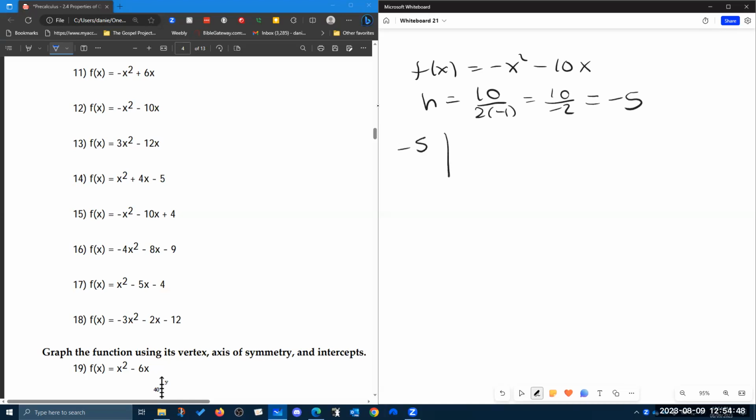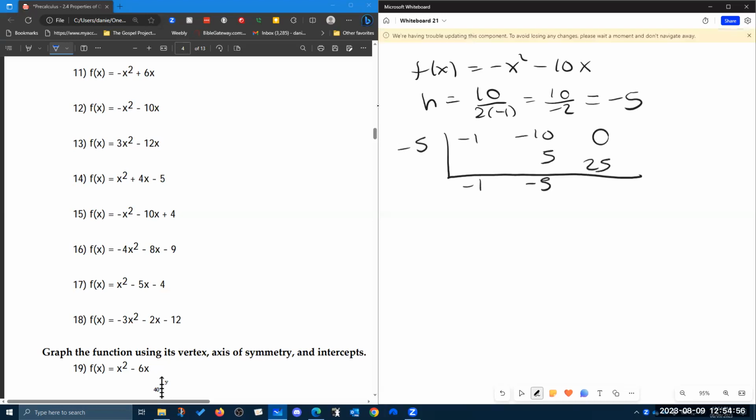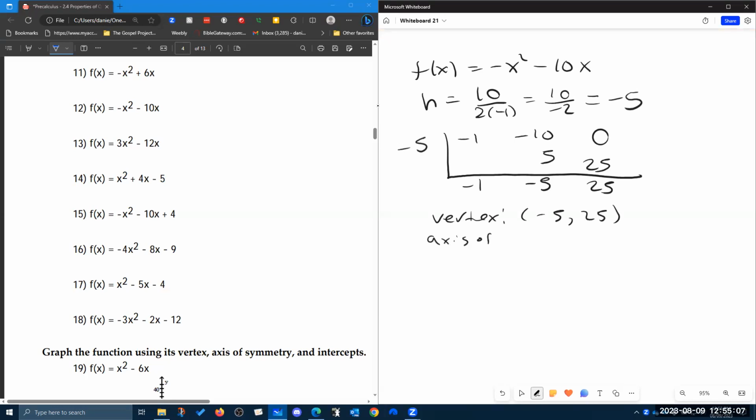Stick the negative 5 on the outside: negative 1, negative 10, 0. And we get a vertex at (-5, 25) and an axis of symmetry x equals -5.